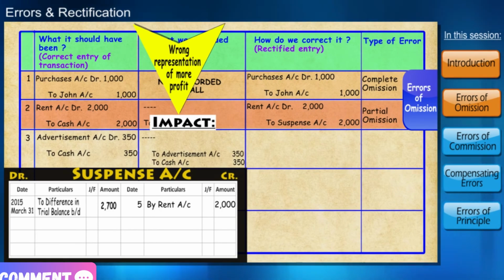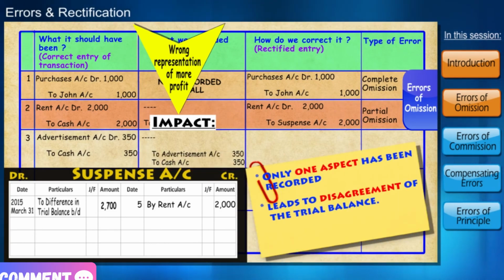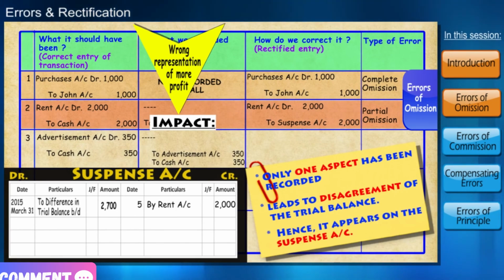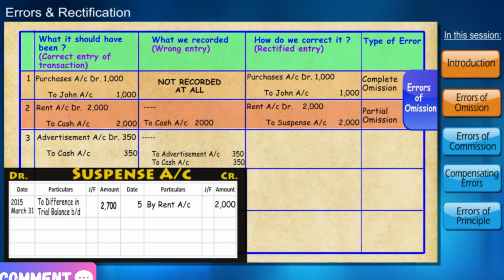So how do we correct this? Since one effect has been correctly posted but the other isn't, this will affect our trial balance. Means indirectly this error will be shown in suspense account. Now here advertisement is credited by 350, which is wrong.